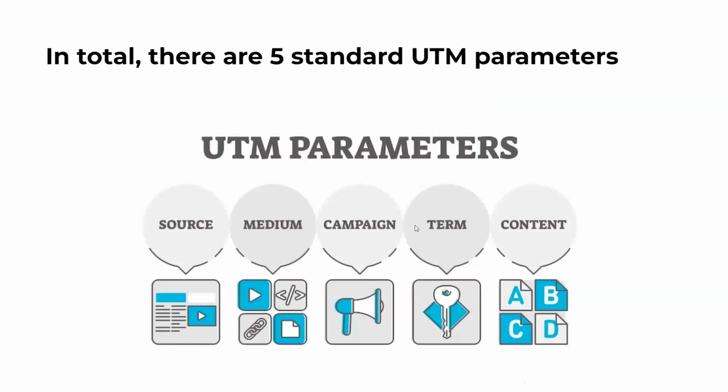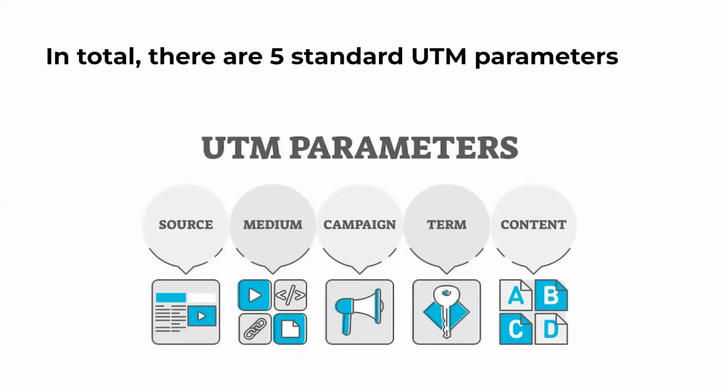Under UTM parameters, we also have the term. The UTM term parameter helps you identify the keyword that led to the ad being shown. And the UTM content helps you distinguish the ads if other parameters match.